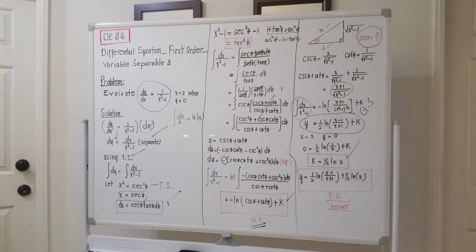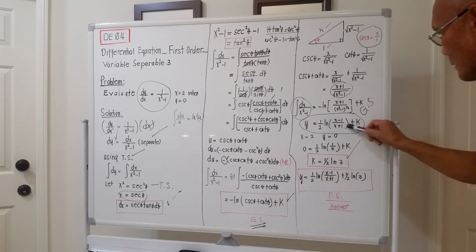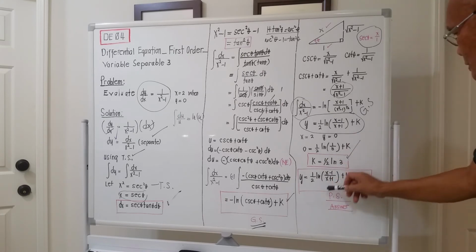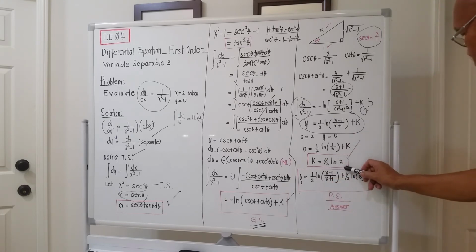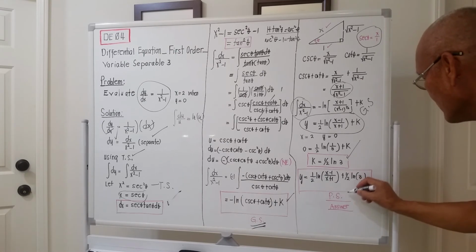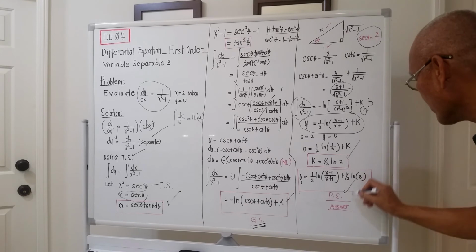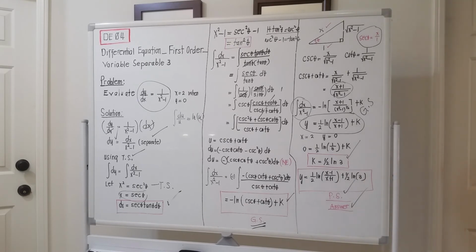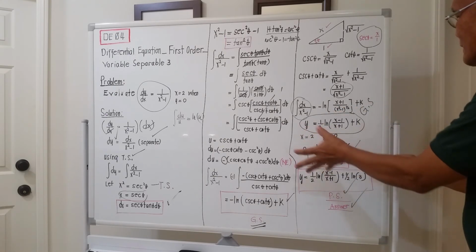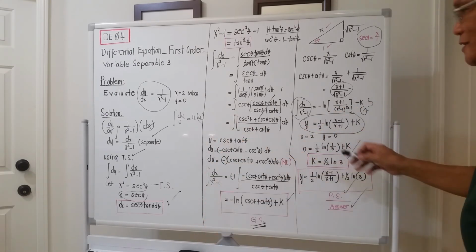Okay, so the particular solution will simply be y equals 1/2 the natural logarithm of the quantity x minus 1 over x plus 1, plus 1/2 the natural logarithm of 3. Particular solution. Okay, and this is our final answer. I didn't show you the complete simplification of this, but try to take your rough draft.